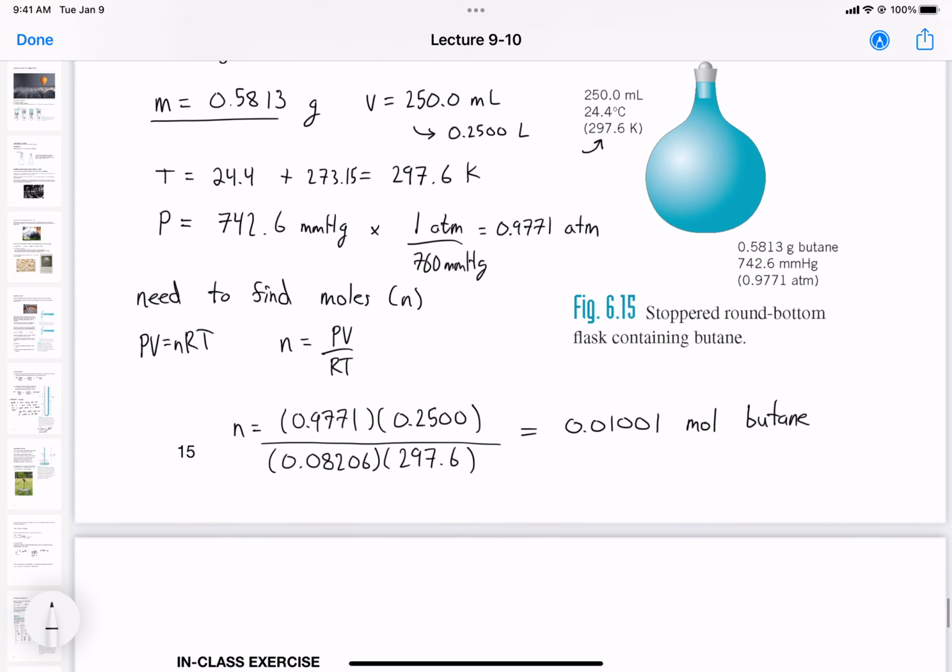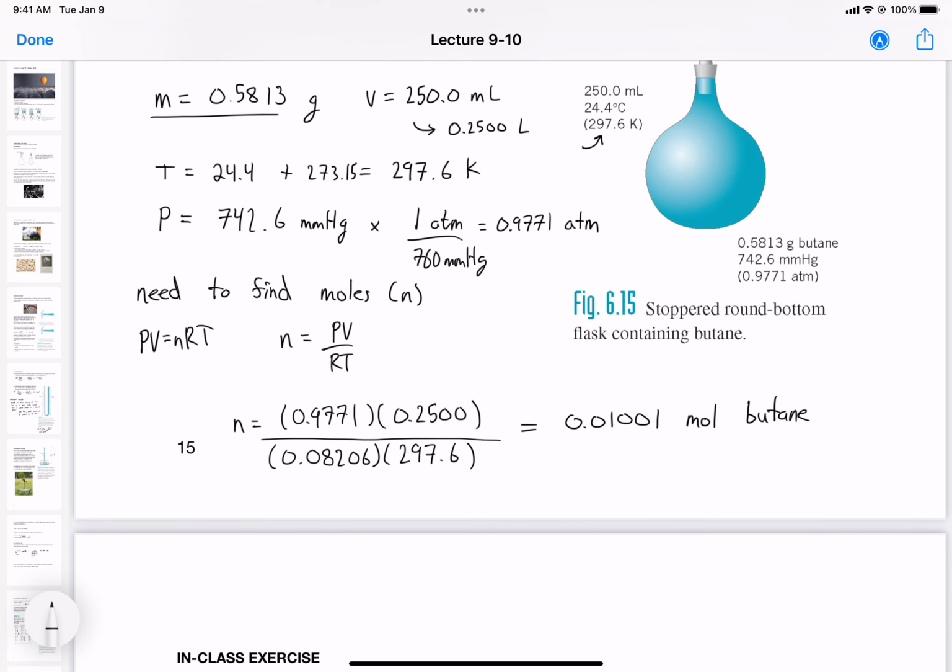Okay, now we know molar mass equals 0.581 grams, divided by the moles of the gas present.